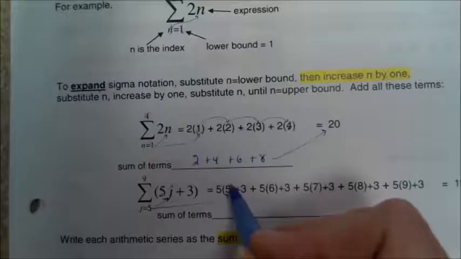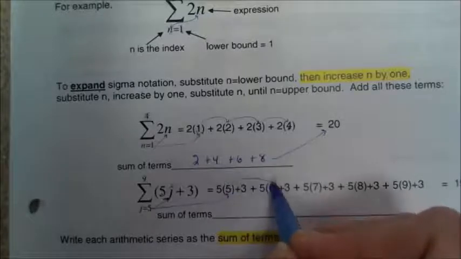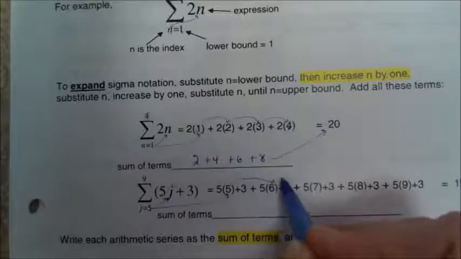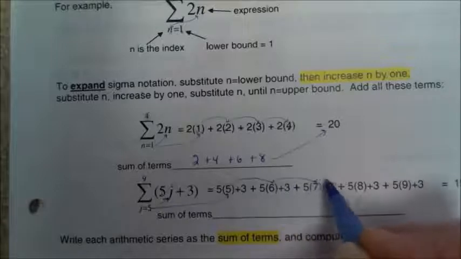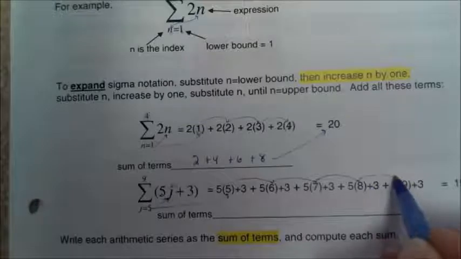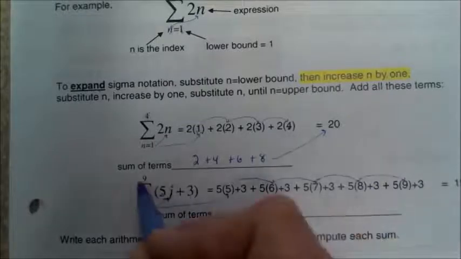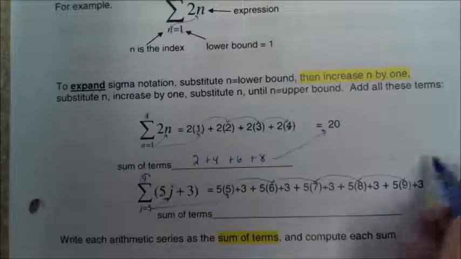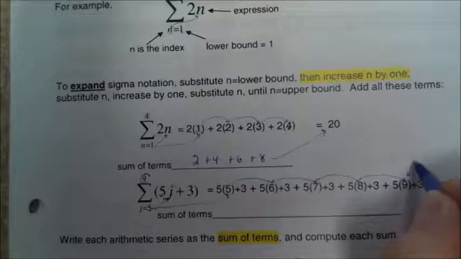And then j gets bumped up from 5 to 6, then from 6 to 7, from 7 to 8, and from 8 to 9. And when you get up to 9, that is the stopping j value.